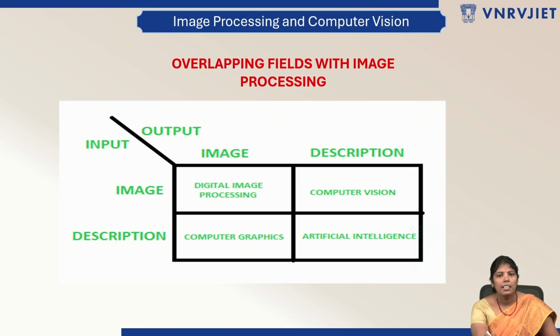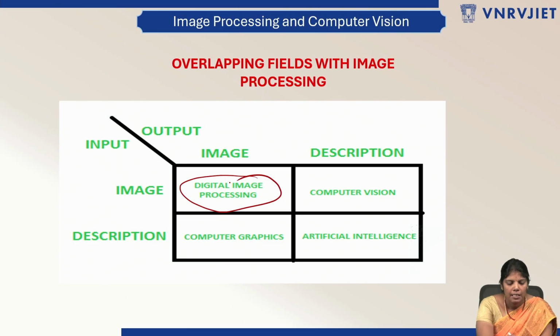And how does this overlap with image processing? If the input is an image and the output is an image, that is digital image processing. If the input is an image and the output is a description, you get computer vision, which means we are making the system sense and take decisions on its own.